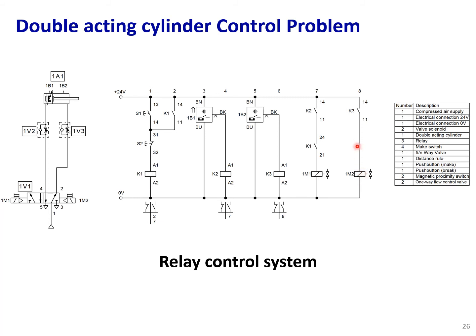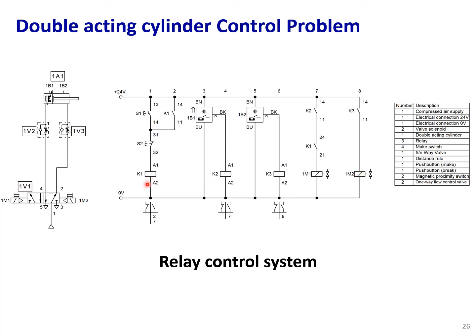Okay, so for the case of K3, when we have an input from the sensor, once 1B2 is active, then the K3 relay will be active and 1M2 will be energized.